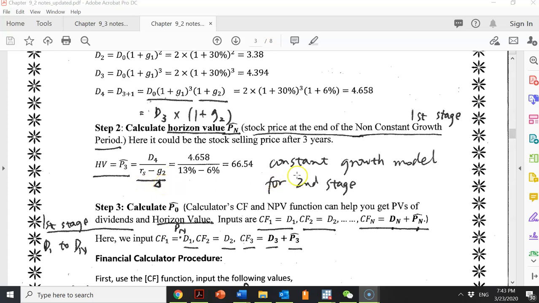We use the constant growth model for the second stage. D4 is 4.658, calculated already. Divide by R, 13% given, minus 6%, G2 in the second stage. So we have horizon value P3 as 66.54.